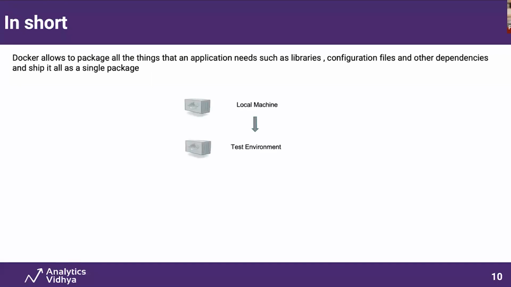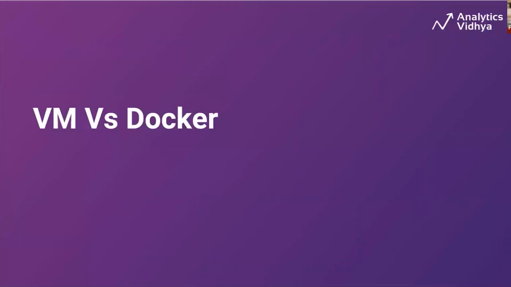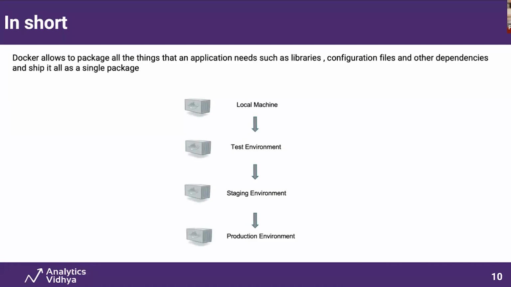So if it runs fine on your local machine, it would run fine in your test environment as well, in a staging environment as well as on the production environment. You don't need to change too many variables when you're using Docker. Okay. So this was what Docker is overall, why it is used, what it offers.